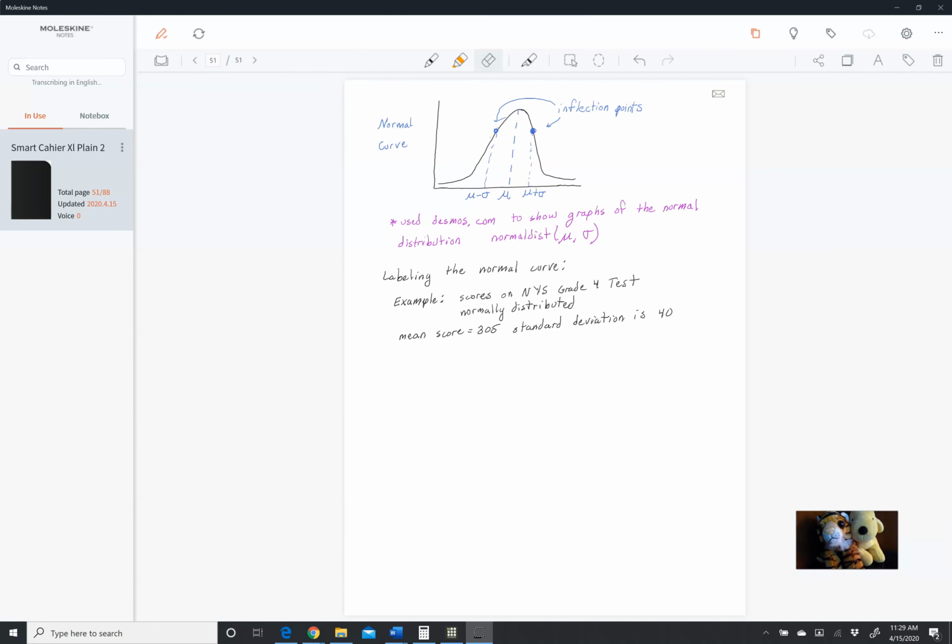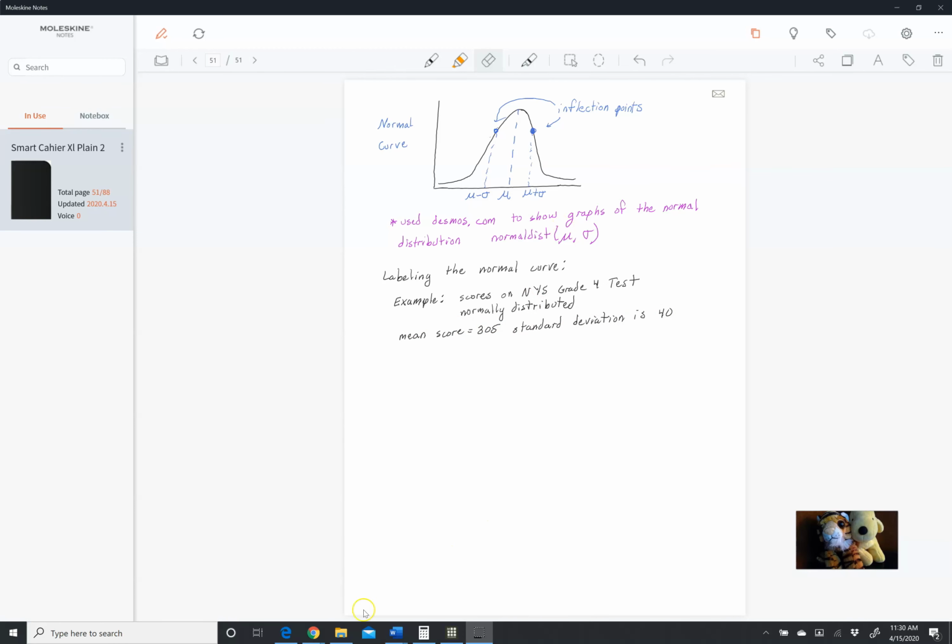I'm actually not even going to label a y-axis, meaning our vertical axis here. The reason I'm not going to label that is because it's kind of irrelevant to us how many students there are. What the normal curve will do is give us this shape. We don't need to know the height.